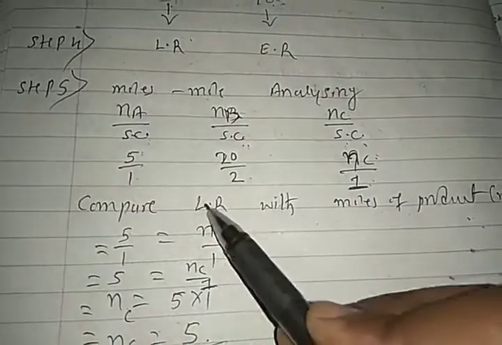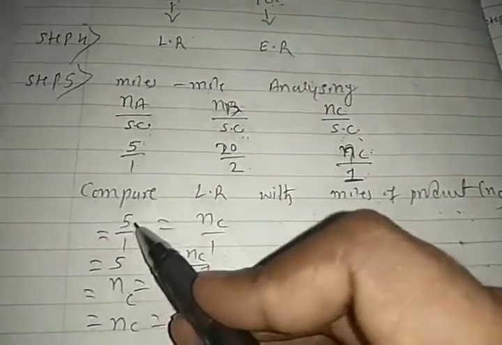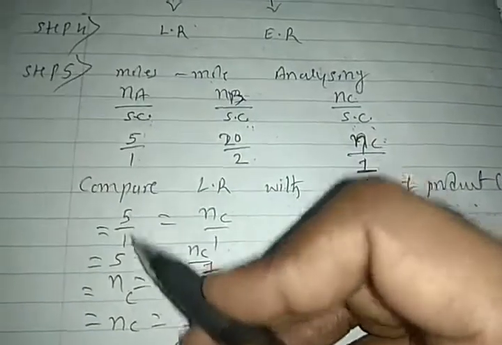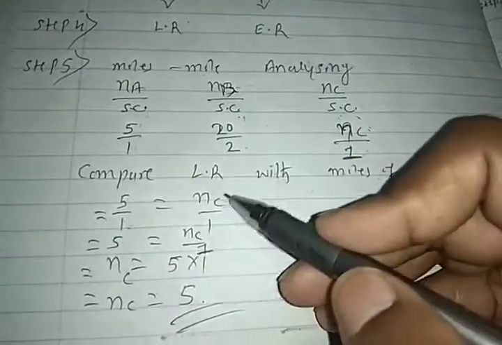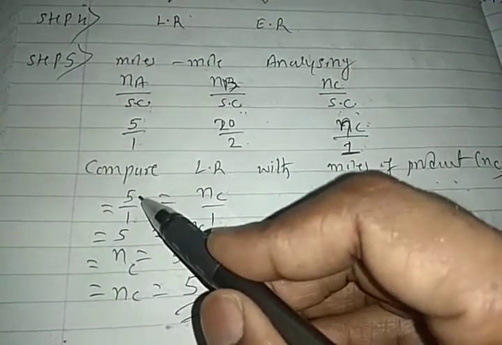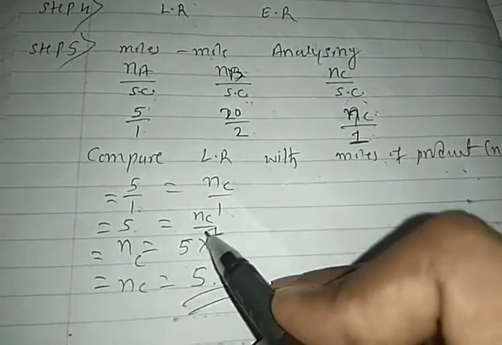So 5 by 1 is nC by 1. Compare the limiting reagent with the moles of product nC. The limiting reagent is 5 by 1, moles by stoichiometry, equal to nC by 1. So 5 by 1 is 5, and nC by 1 is nC as it is. So nC is equal to 5.